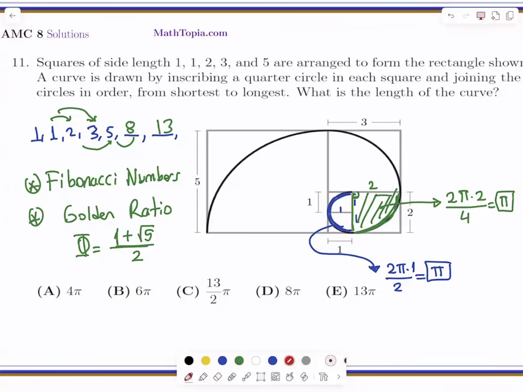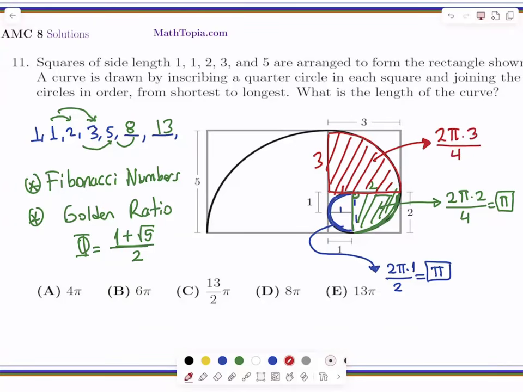Well, what is next, Yusuf? Now the red one. The red one is another what? Another quarter circle. Then what is the length of the curve? The length of the curve is going to be 2 pi r, 2 pi times 3 over 4.